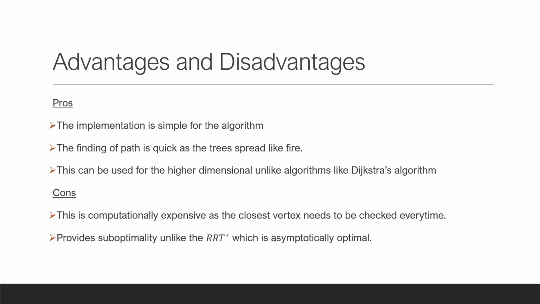The path generated by RRT is a little bit jaggy. Actually, it is not the optimal path. So RRT star is the other algorithm, a better version of RRT, which provides a guaranteed solution and the optimal solution.